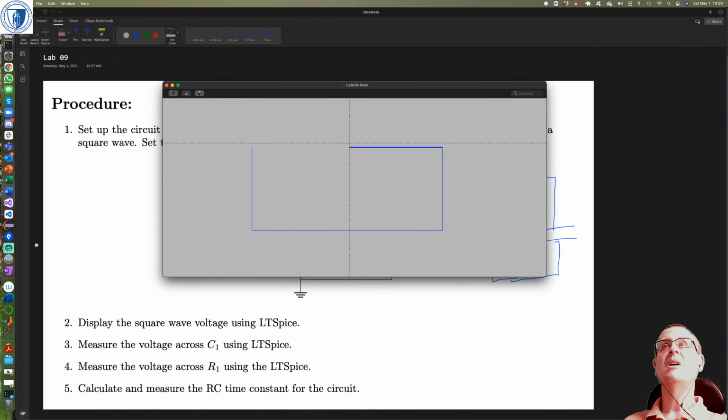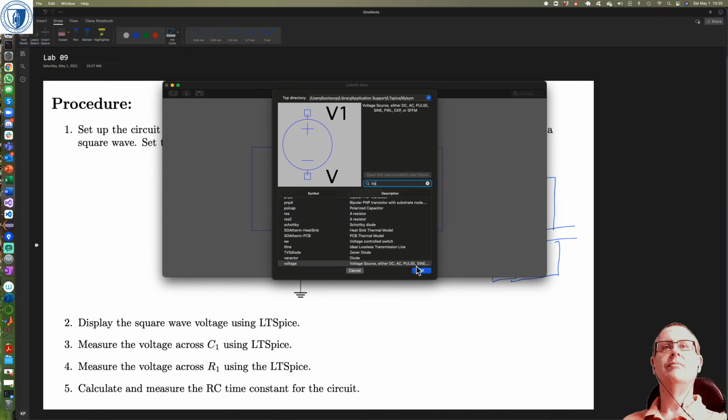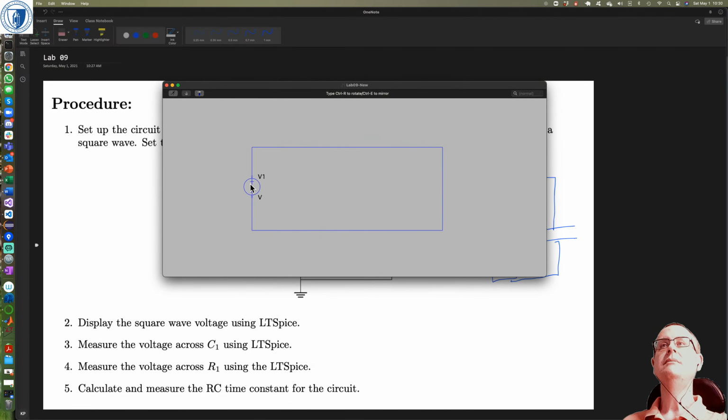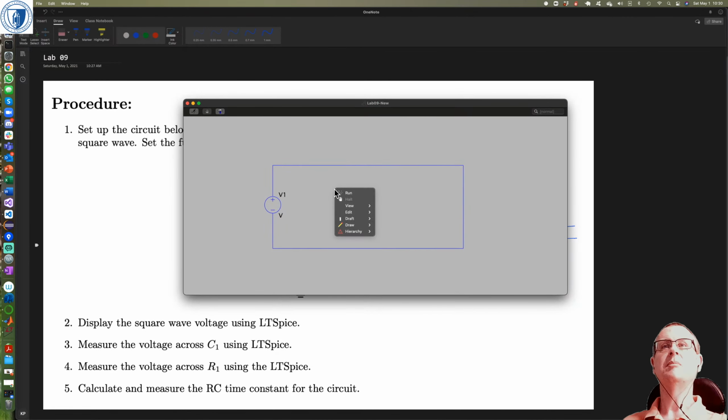Right, and then we want to add a component, which will be a voltage source. And then we want a resistor. Put that there, and then we want a capacitor. Put that there. Okay, so there's our circuit.